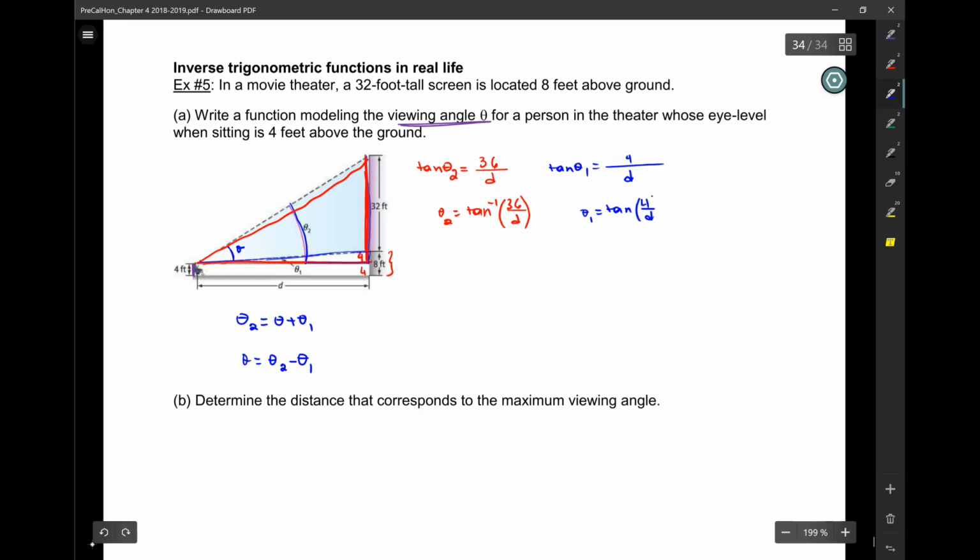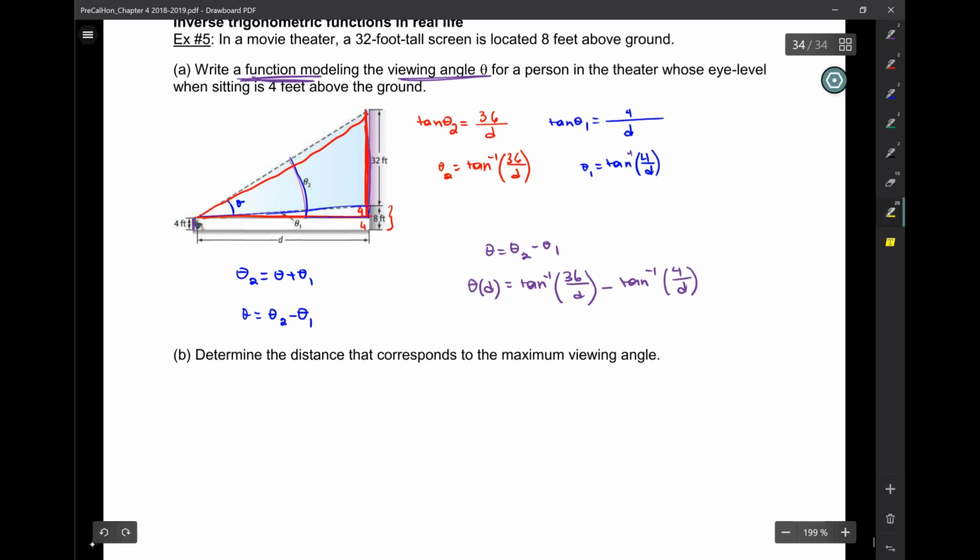Correct, inverse tangent of 4 over D. So theta, if it's theta 2 minus theta 1, would be inverse tangent of 36 over D minus inverse tangent of 4 over D. If we wanted to write a function where the variable is D, then instead of theta, we could write theta of D. And that is the viewing angle.